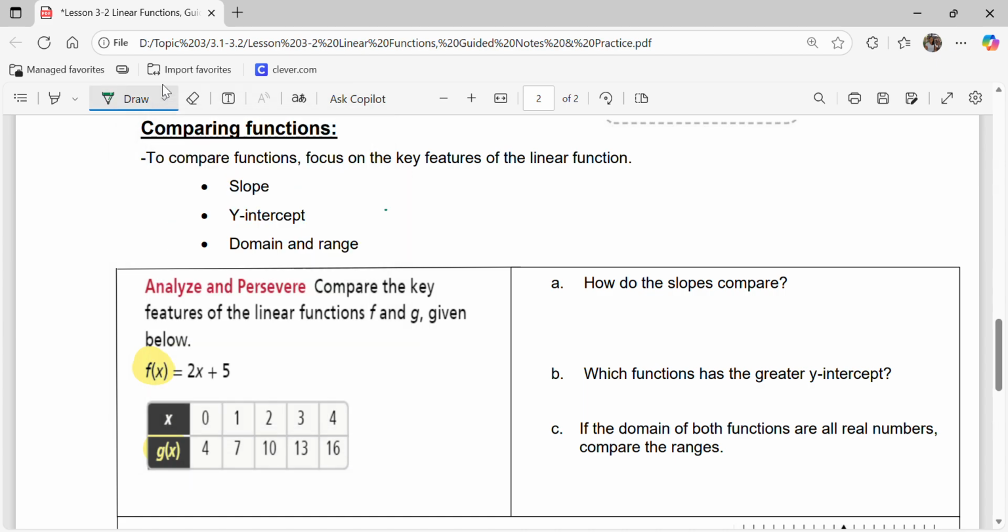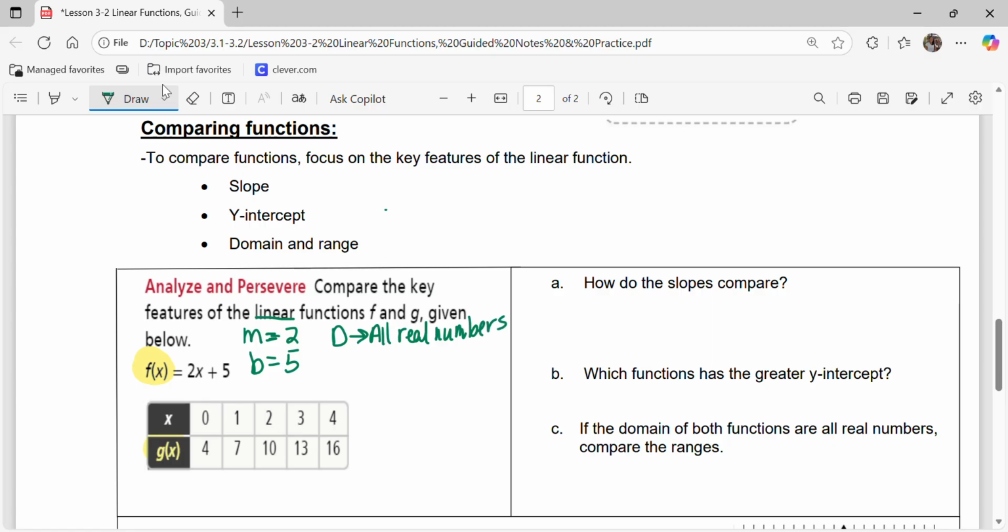So my slope of f of x is 2, always the number that's next to x. My y-intercept is 5. Since this is a linear function, my domain will always be all real numbers.